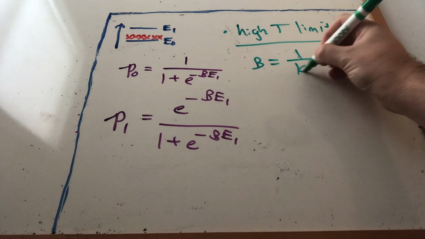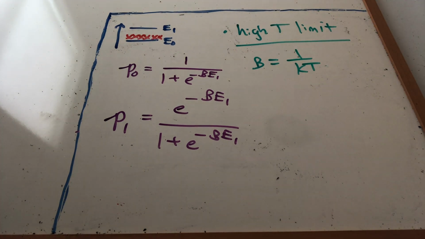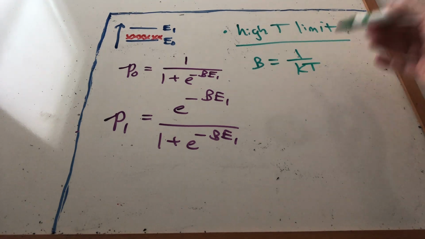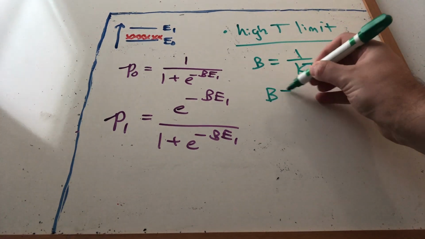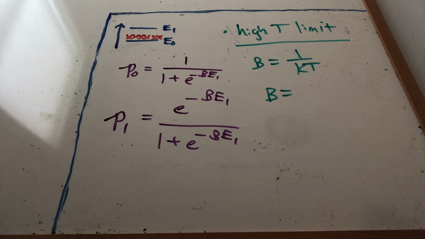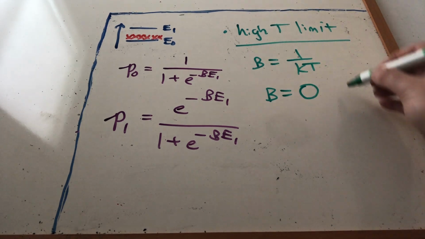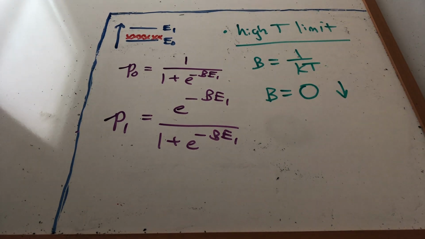It's inside beta. So inside beta, we have temperature that's now getting big. As temperature gets big, beta starts to get really, really small. Beta is almost approaching 0, depending on what this high T means for us.